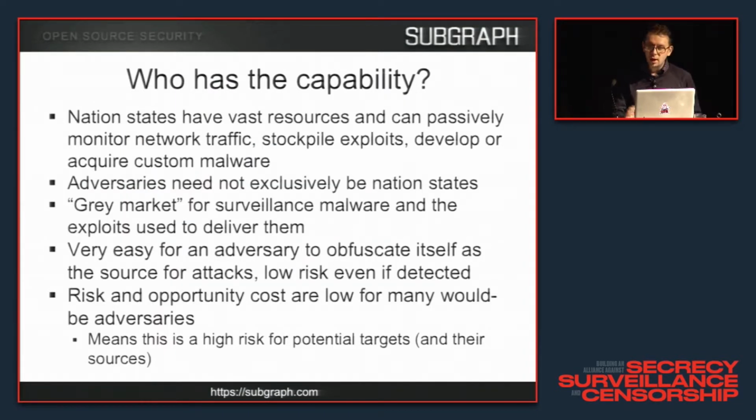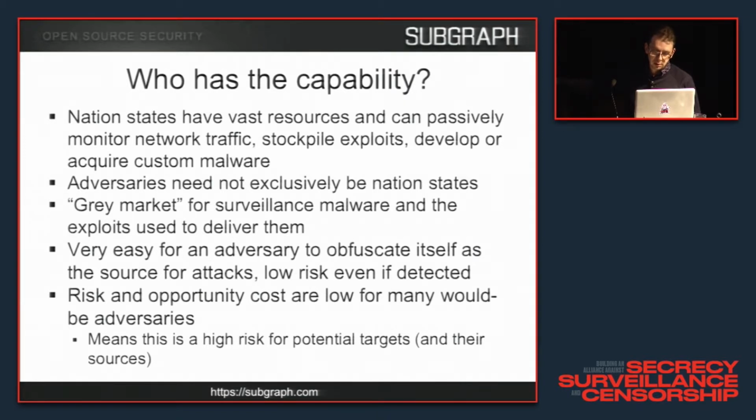So who has the capability to launch these attacks? It's mostly nation states, because nation states have the vast resources to stockpile exploits and acquire them. It's expensive to develop custom malware. However, it need not be nation states. There are really sketchy companies out there selling customized malware and exploits.